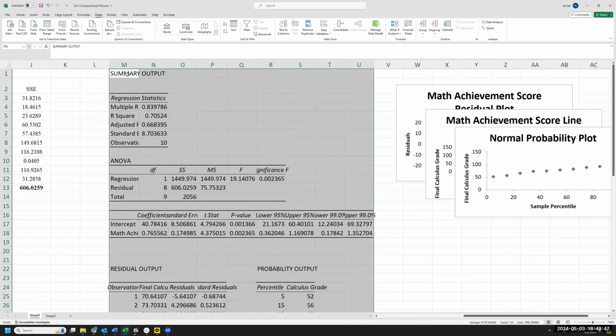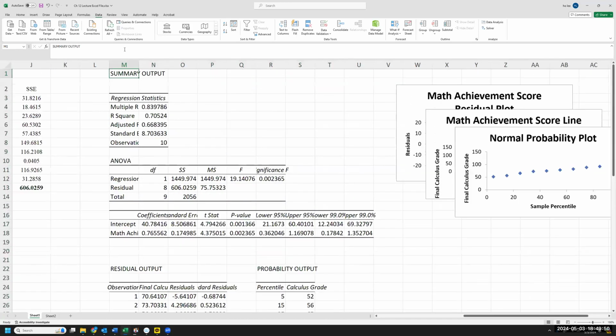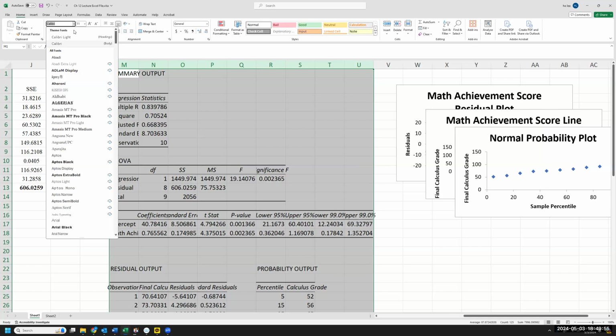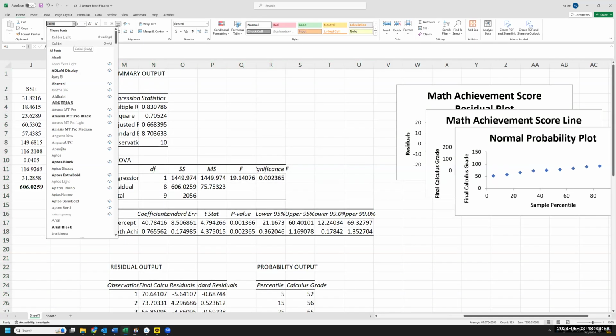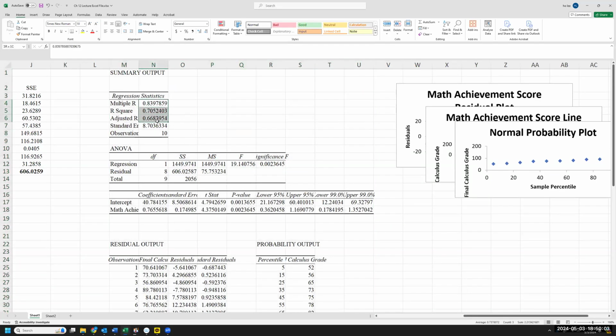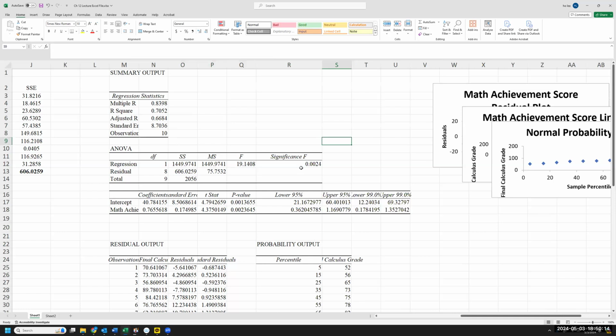I'm going to do a bit of formatting because I'm very organized. I like four decimals. I hate all of these. Significance, that's a percentage. These are percentages.